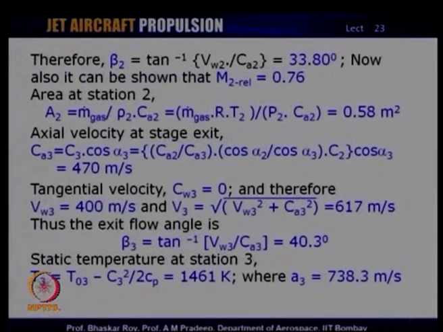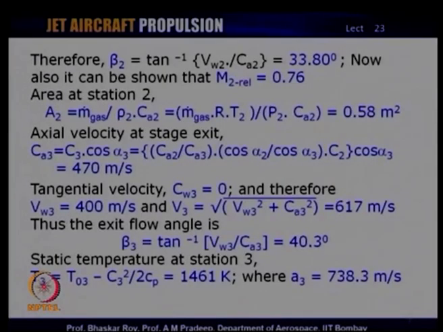If we move forward with these numbers and move on to the rotors, what we find there is that at the entry to the rotor, the relative flow angle beta 2 can now be found from the tangential velocity VW2 and the axial velocity CA2, and if we plug in those numbers, we get beta 2 is equal to 33.8 degrees.